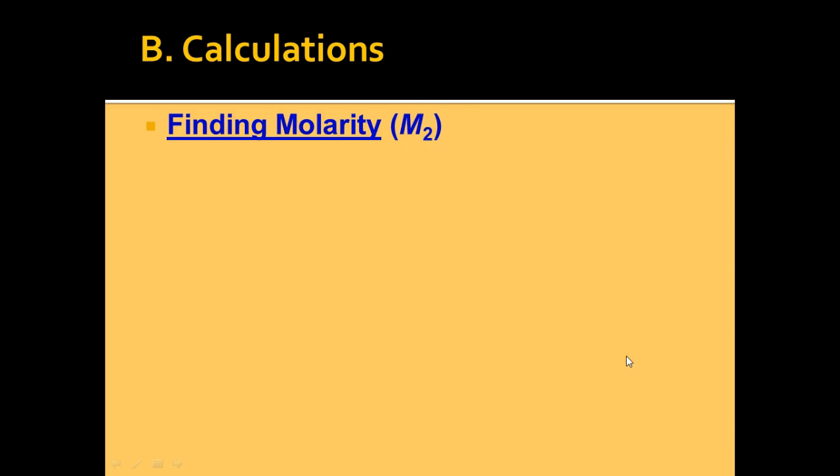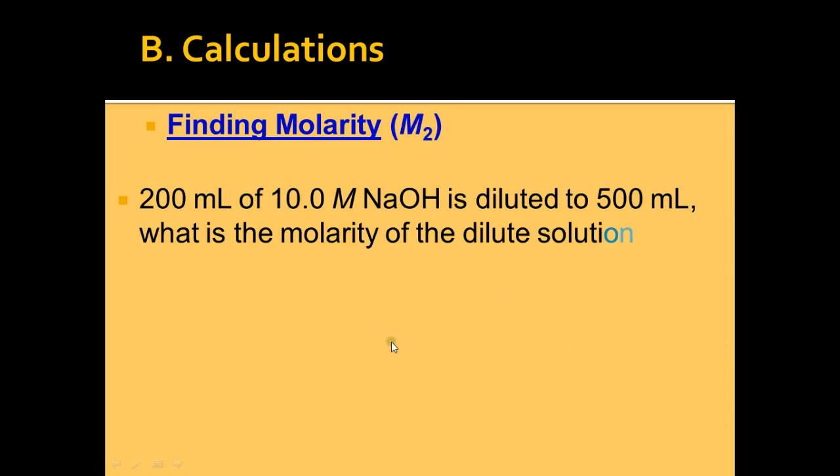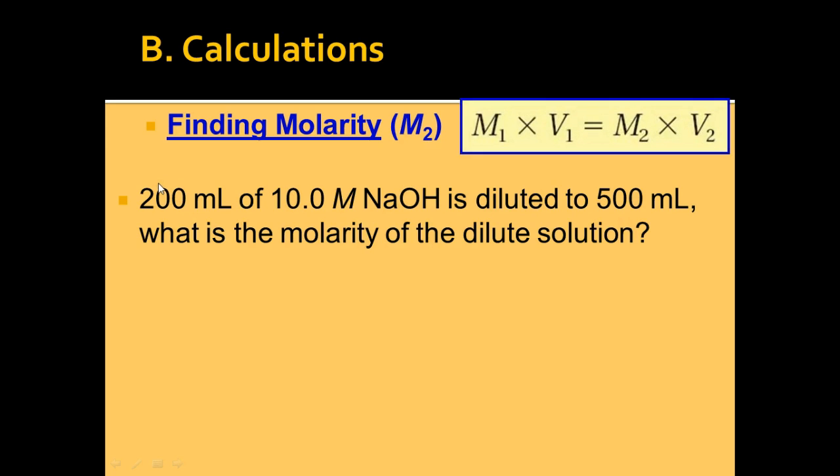And now we're going to do finding molarity if we have everything else. So 200 milliliters of 10 molar solution is diluted to 500 milliliters. What is the molarity of the diluted solution? Here we have V1 because this is the volume of the first one.